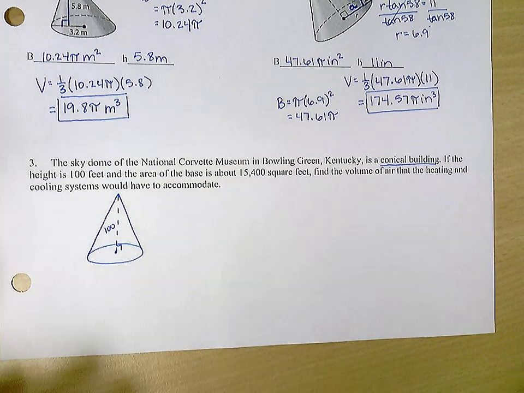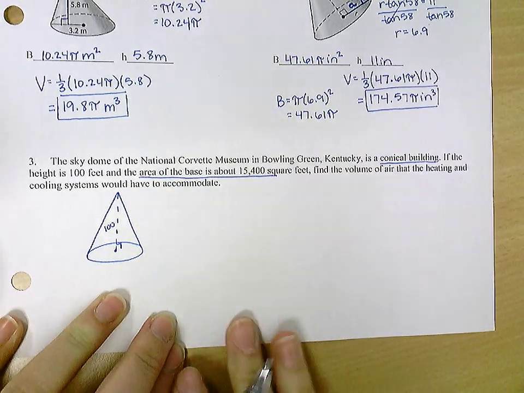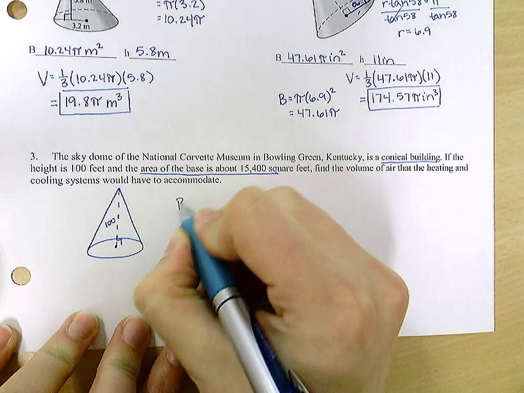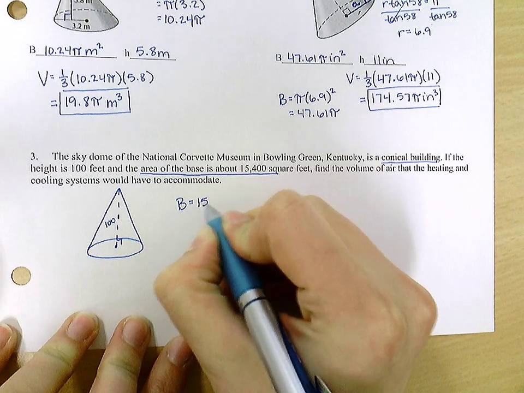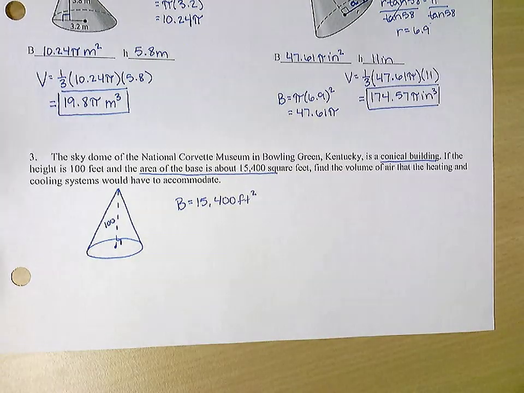We're also given the area of the base is 15,400 square feet. So what is capital B? Square feet. They already gave you capital B.